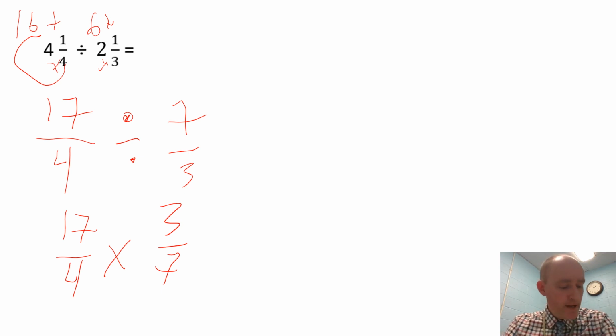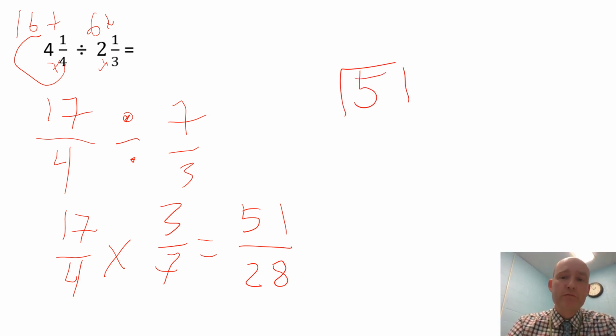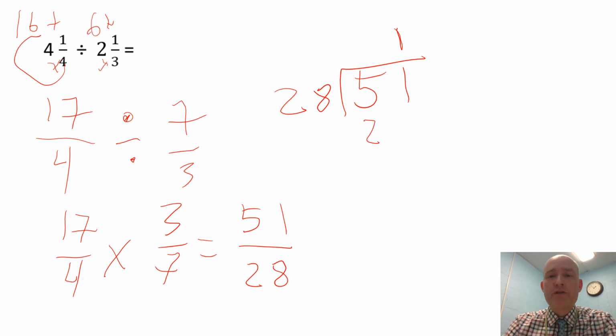Okay? And when I multiply across, I get 51. I get 28. Now that's an improper fraction. I can make that into a mixed number. So I'm going to take 51 and put it in 28. And 28 only goes into it one time. So it is 28.